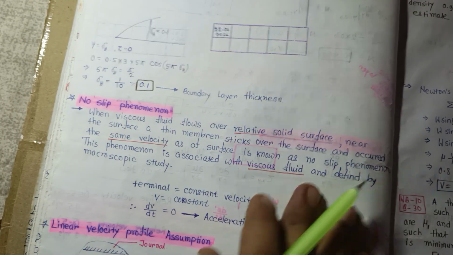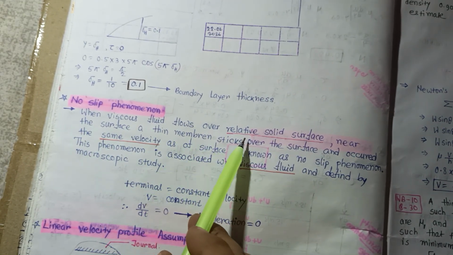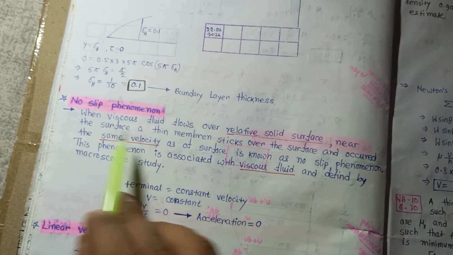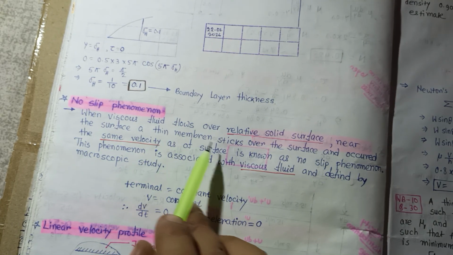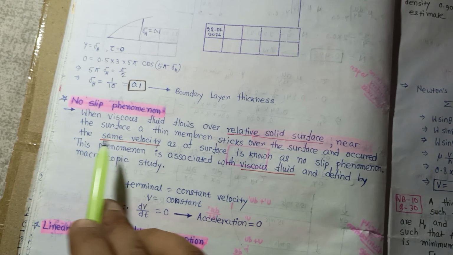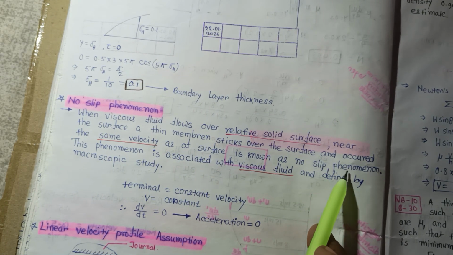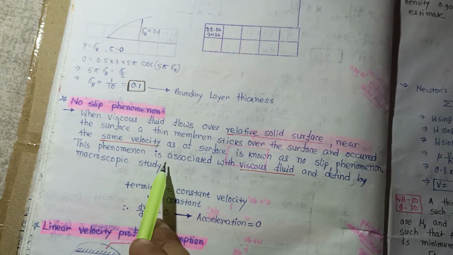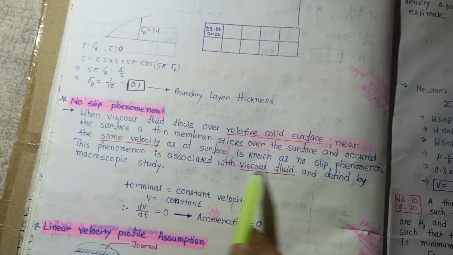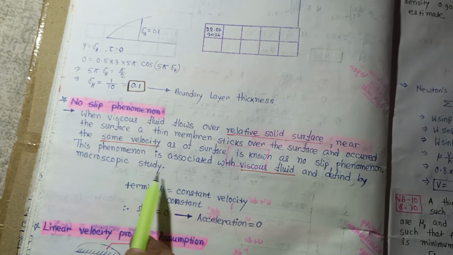So just understand that when viscous fluid flows over a relatively solid surface, near the surface a thin membrane sticks over the surface and attains the same velocity as the surface, which is known as the no slip phenomenon. This phenomenon is associated with viscous fluid and defined by macroscopic study.